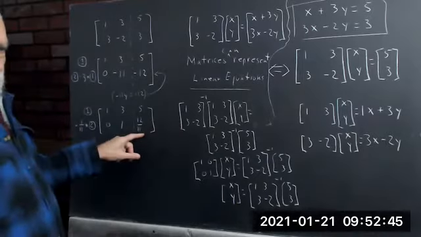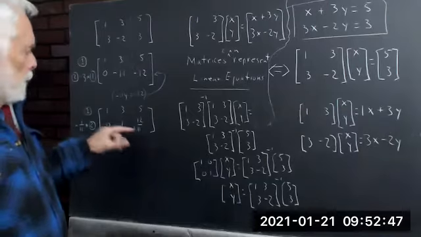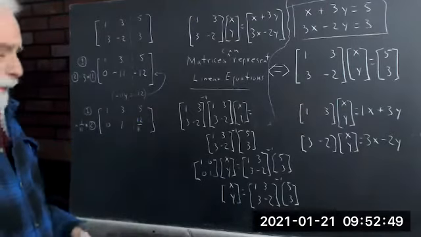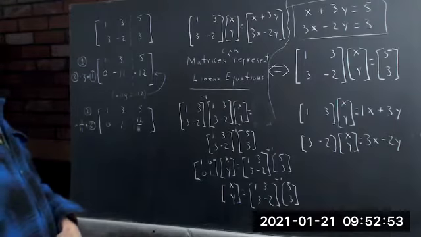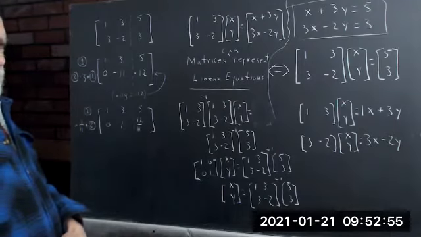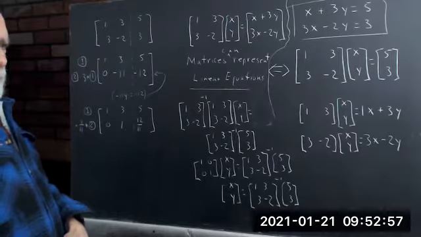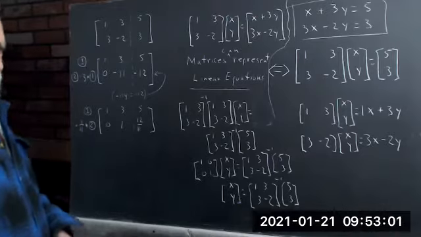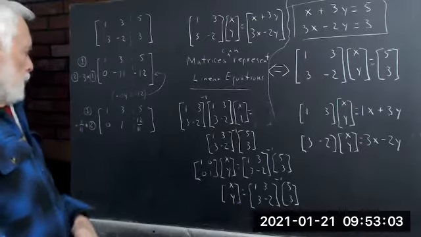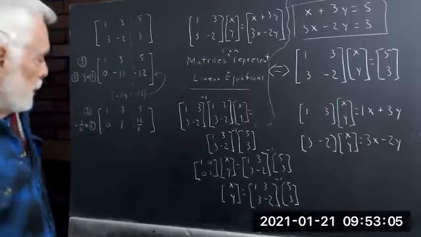Now, what does this stand for? What equation does this row stand for? Now, can you enter that for me? Very good. And I'm sure everybody else was thinking the same thing.